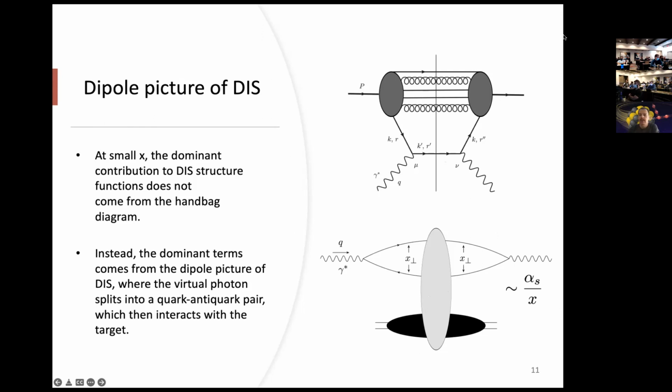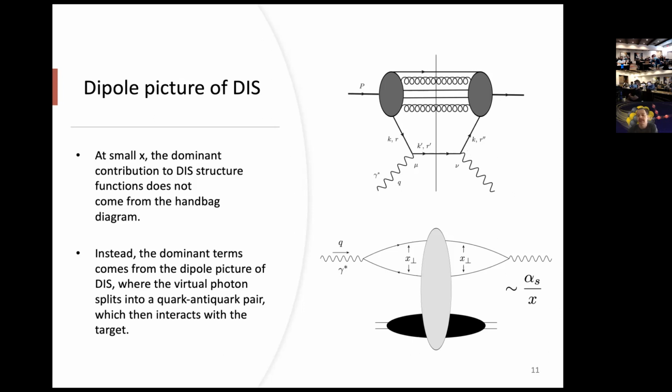You could argue this diagram is sort of a one-loop correction to the handbag diagram, so it comes in with an alpha_s factor. That is indeed true, but because we're exchanging gluons in the t-channel in this gray blob and not quarks as in the handbag diagram, we have an extra 1/x enhancement for this second type of diagram.